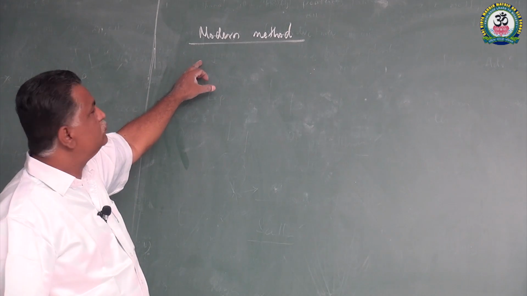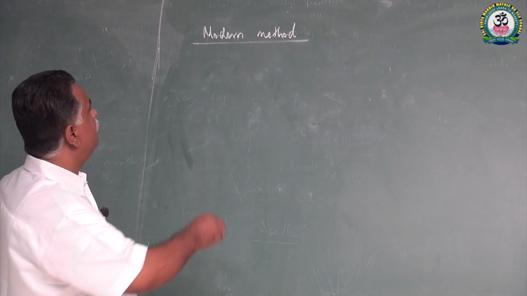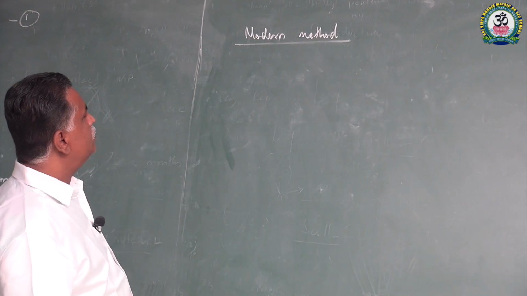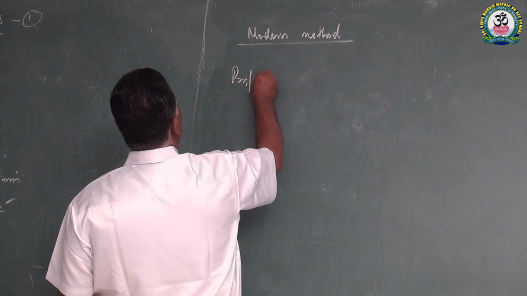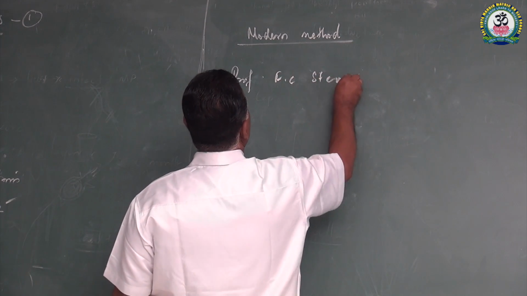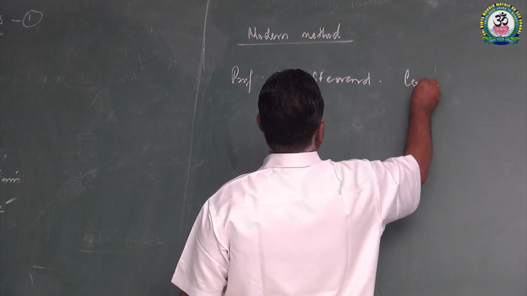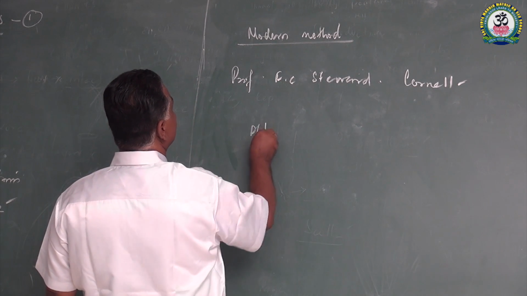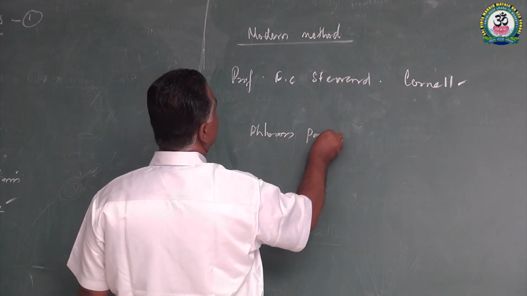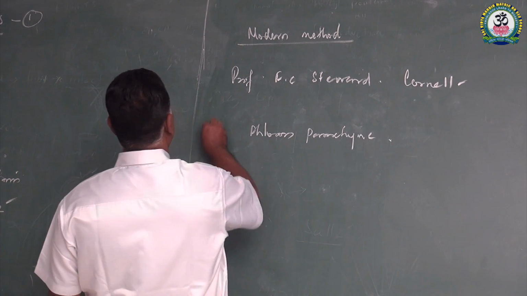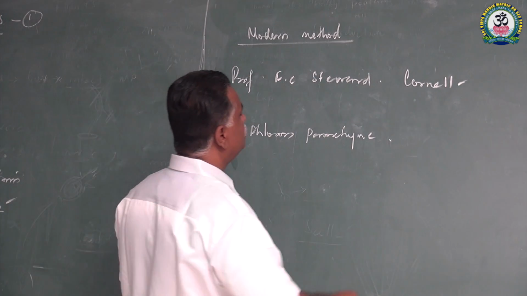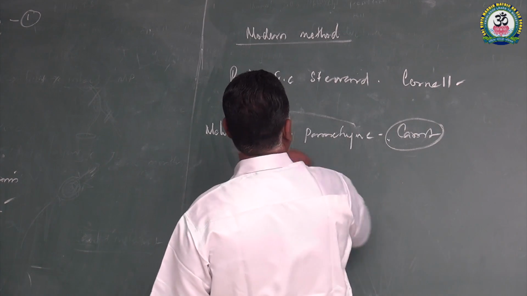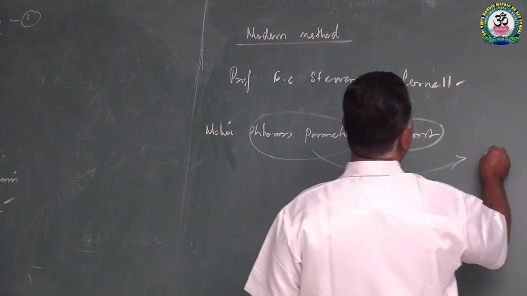In the modern method of vegetative reproduction, we have an example. Professor F.C. Stewart of Cornell University isolated the matured phloem parenchyma of the carrot and grew it under controlled conditions into a new carrot.